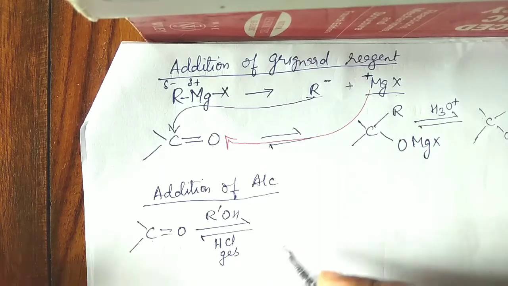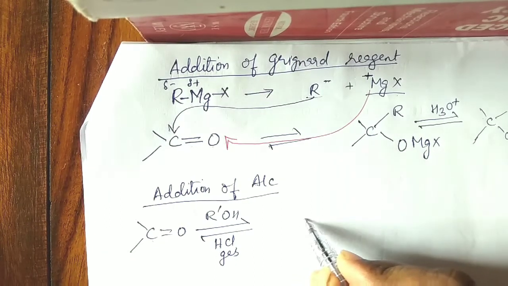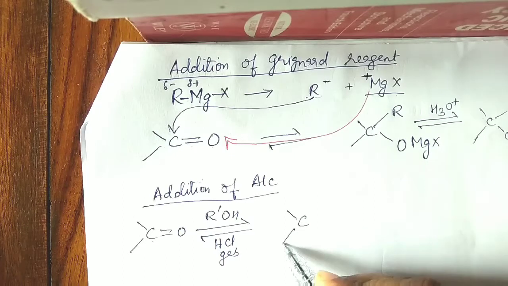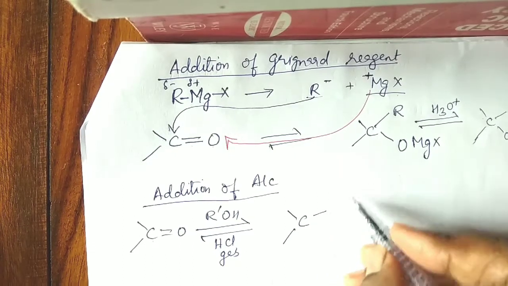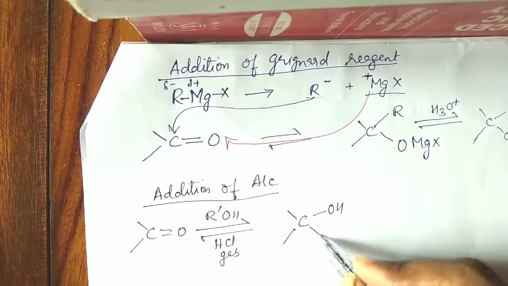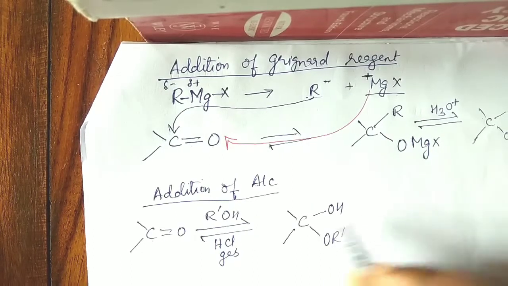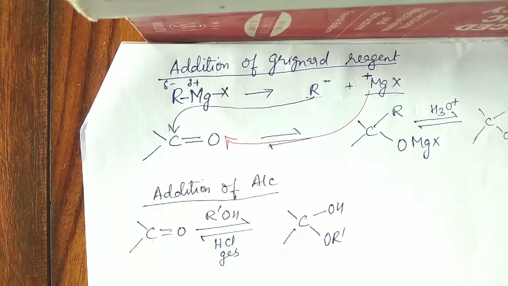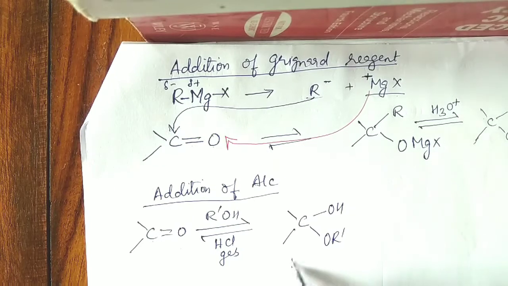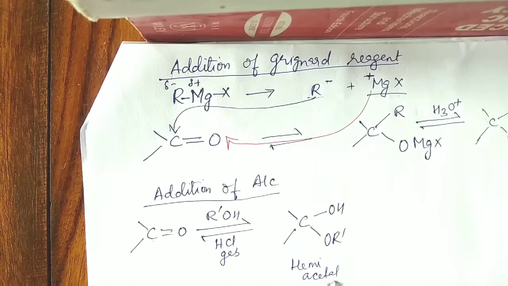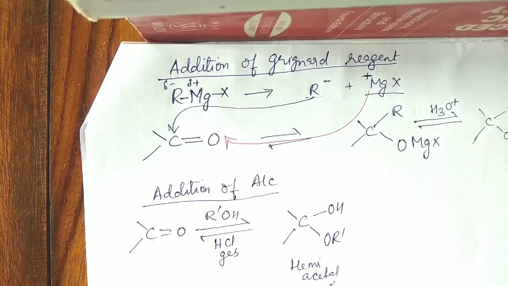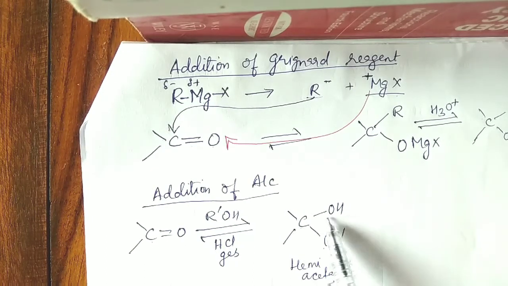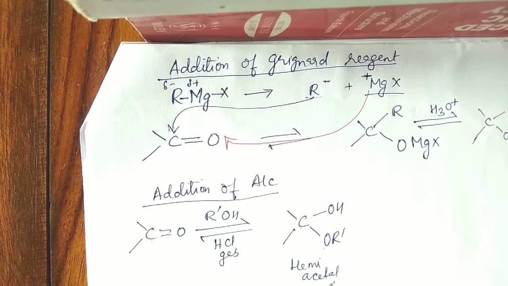So again you can see OH on one part and OR on the other, and this is known as hemiacetal. So what is a hemiacetal? Alkoxy alcohol is known as hemiacetal. Alkoxy because you have an OR part attached to the carbon, and alcohol because an OH is also there.